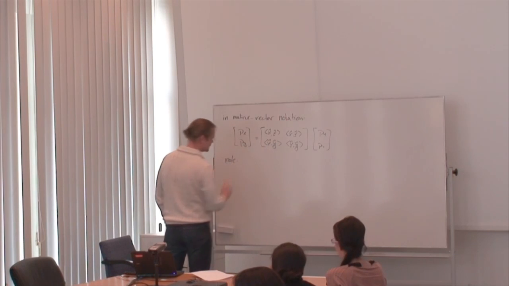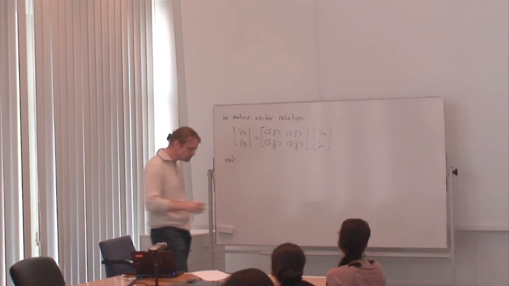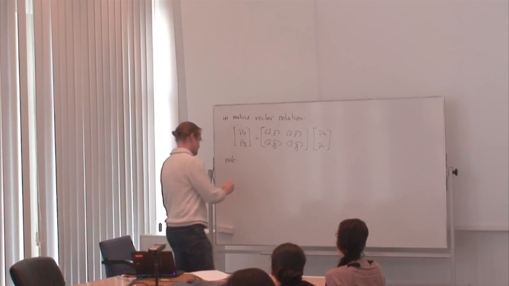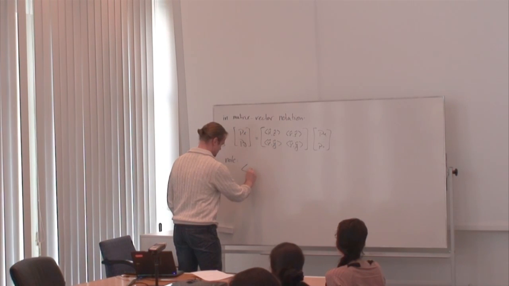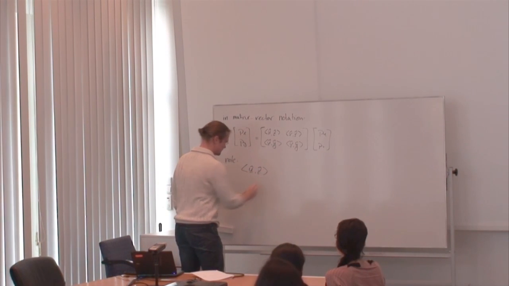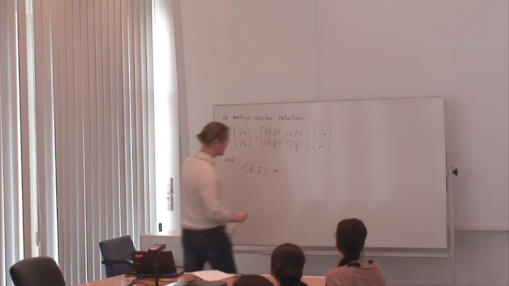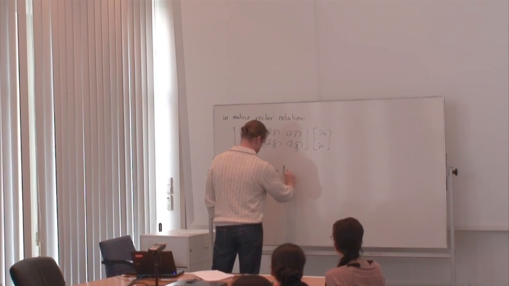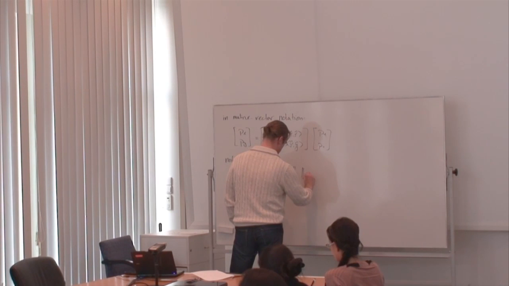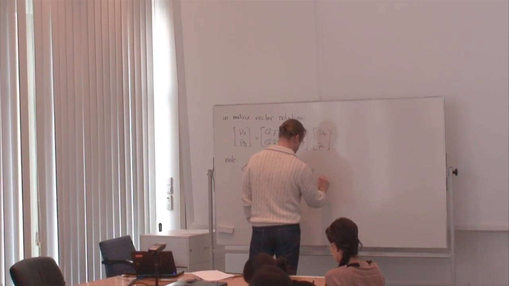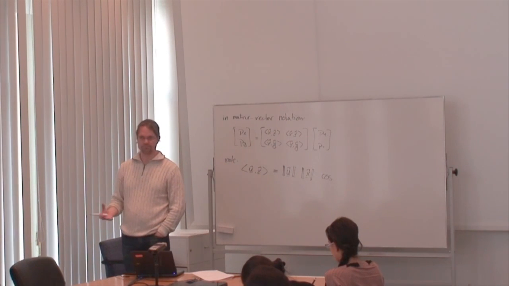The inner product between two vectors, and let's be specific here, say u hat and x hat, can be expressed as the norm of u hat times the norm of x hat times the cosine of the angle between them.